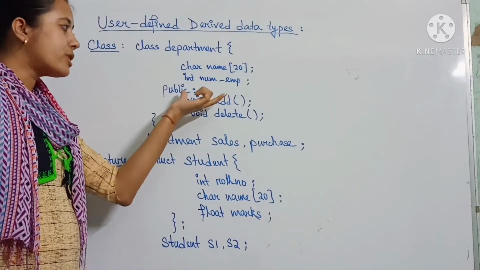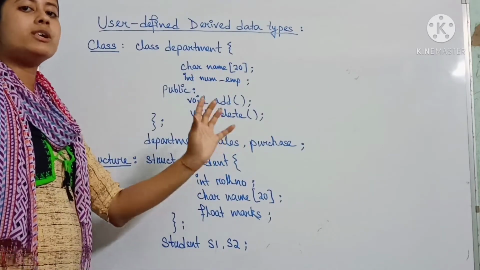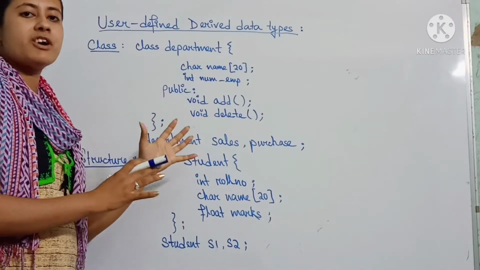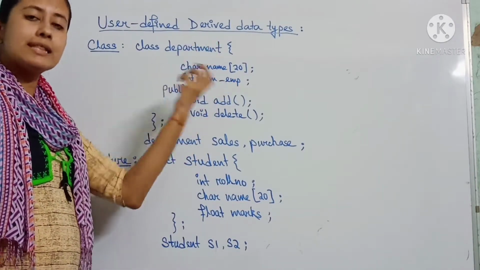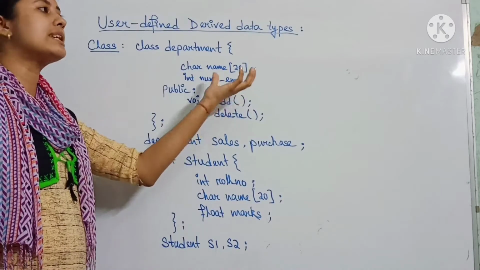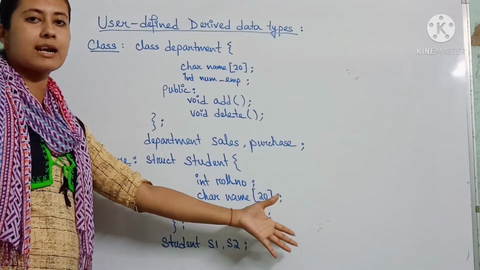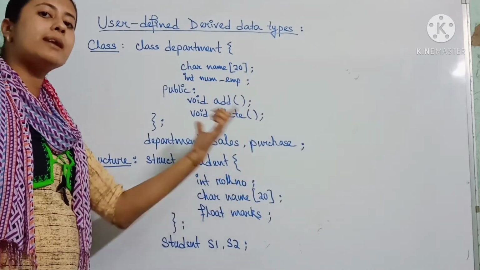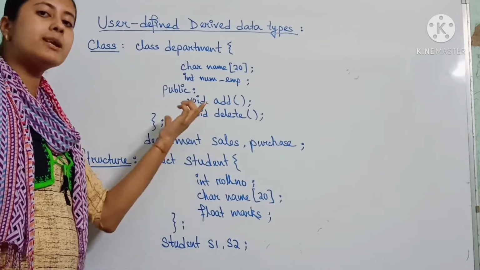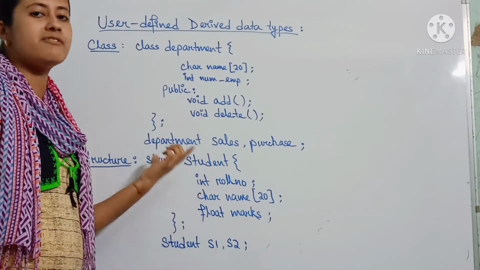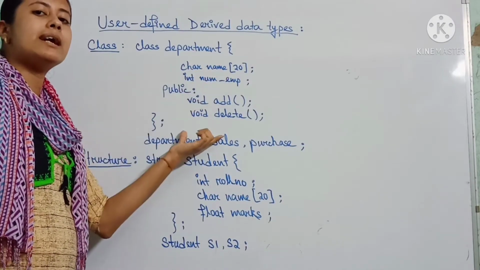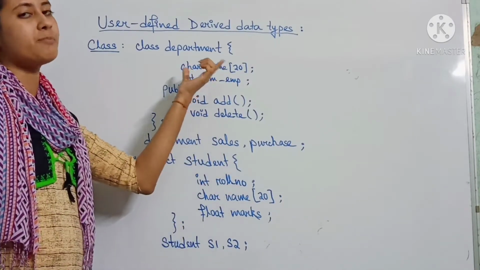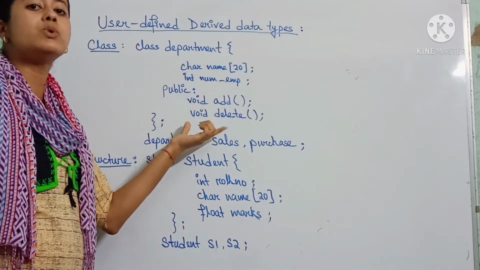Protected means that in the case of inheritance, when you inherit the properties to another class, the protected members can also be inherited, but the private members cannot be inherited. Clear? Protected members can be inherited to other classes, but private members cannot.